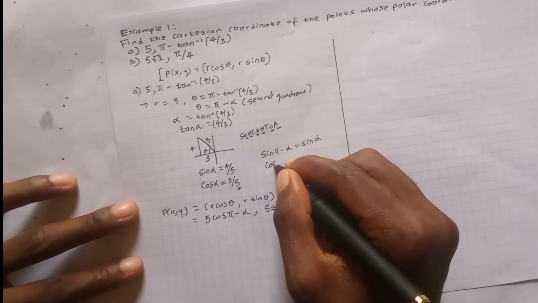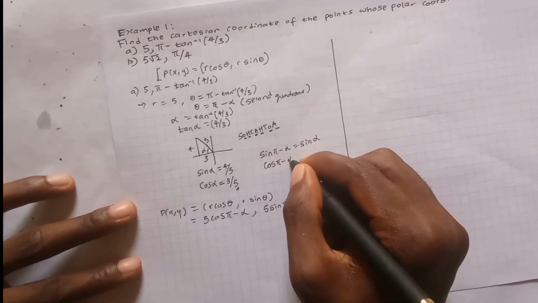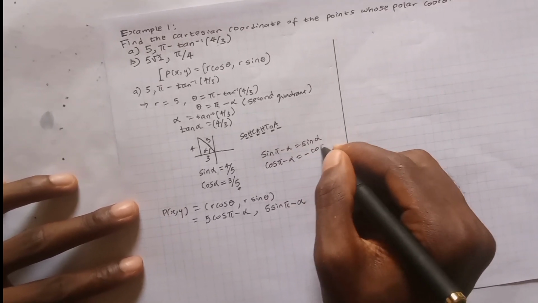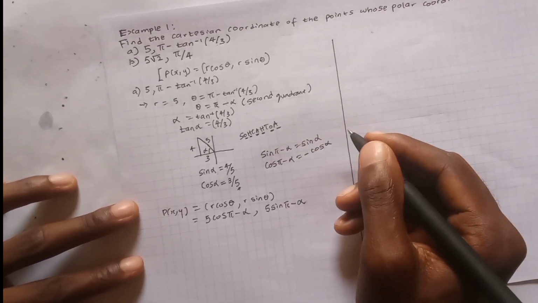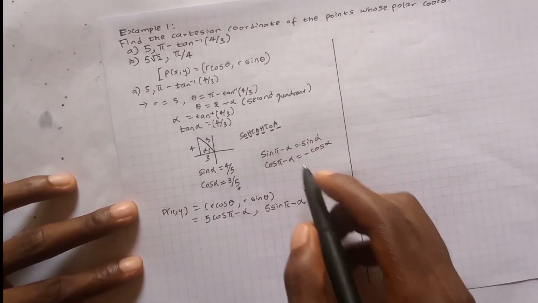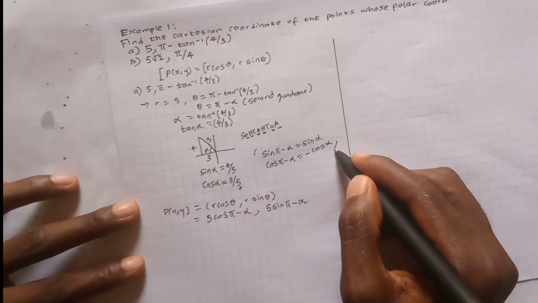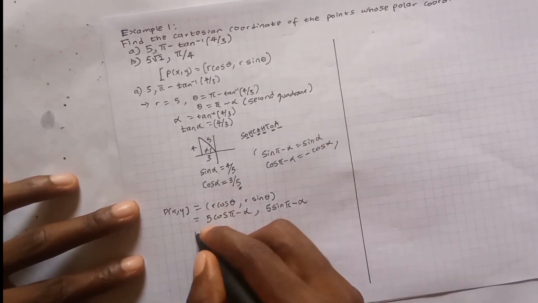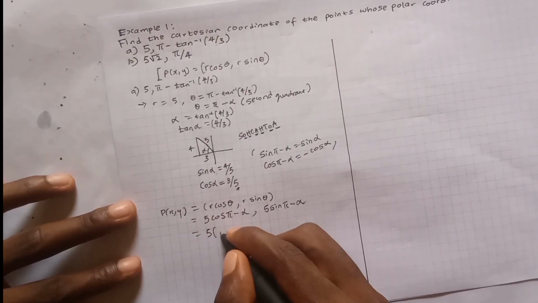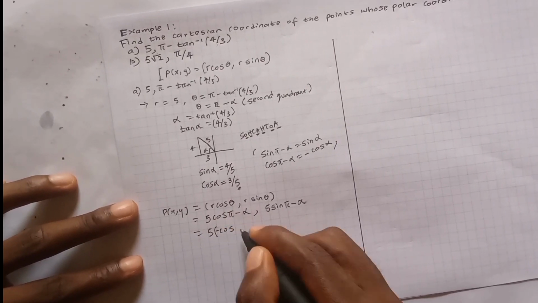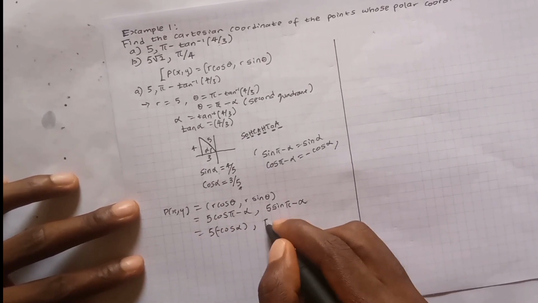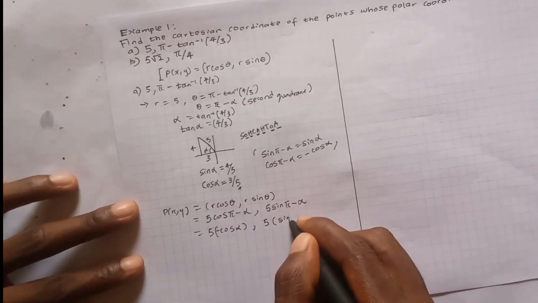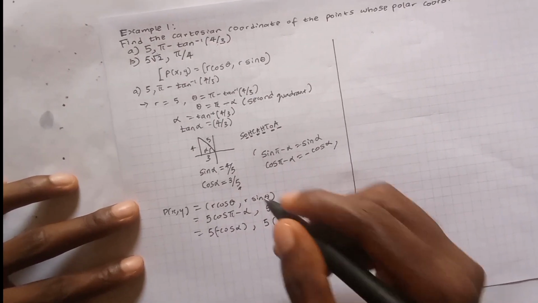And we also said cos of pi minus alpha equals minus cos alpha. So that's what we're going to use here. So this becomes 5 into minus cos alpha and 5 into sine alpha.